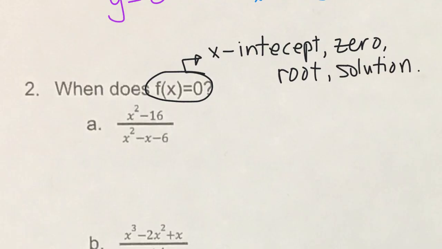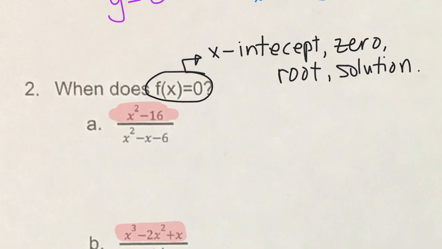There are lots of AKAs for when f of x equals 0. When does y equal 0? Well, we are looking for one place and one place only, and that's the numerator. Wherever the numerator equals 0, that's where we have your x-intercepts.